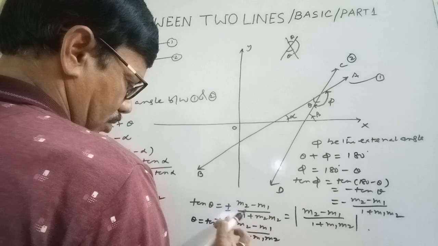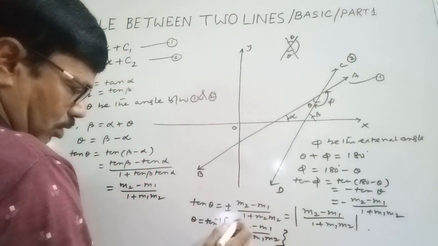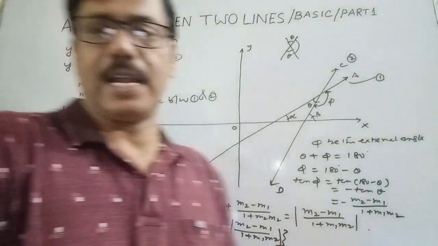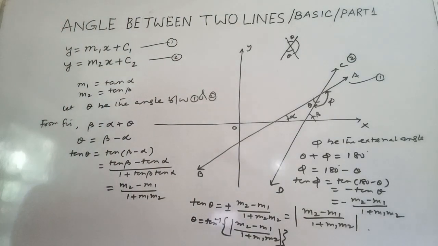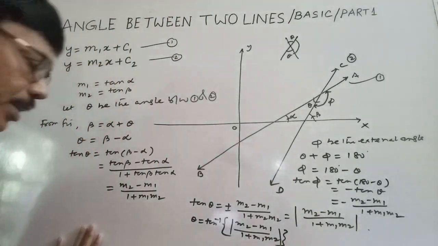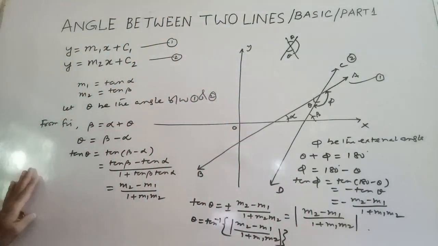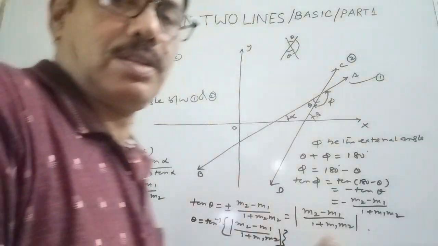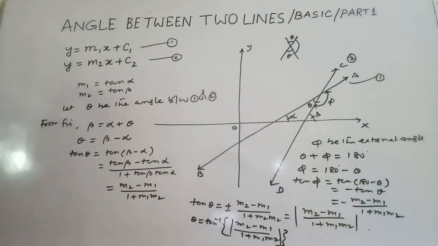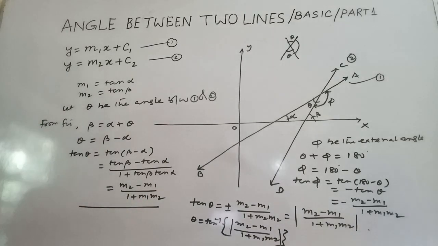You can take plus or minus, or the modulus of this. So this is the angle between two lines. You remember only the result. No need of proof. The proof is very simple. You can consult any standard book. So we need this result.